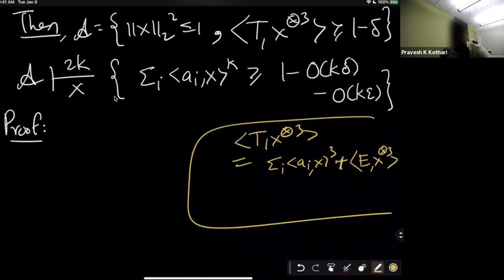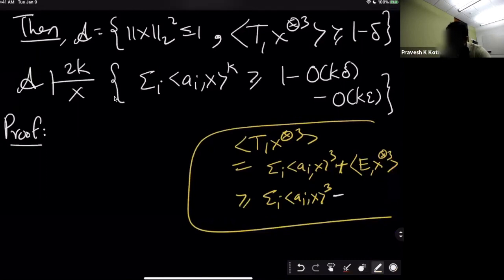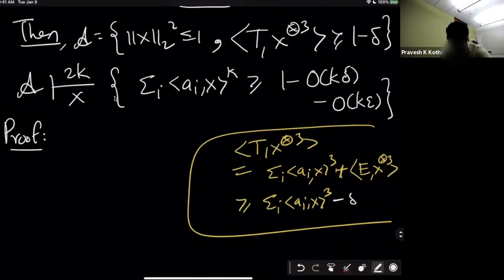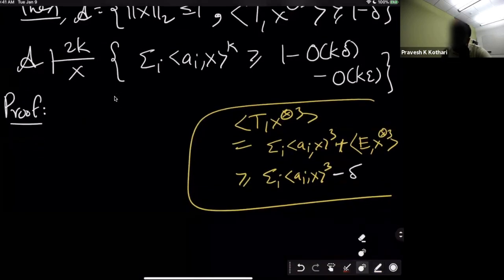And we use the fact that spectral upper bounds can be done via sum of squares proofs to conclude that this is at least sum AI X cubed minus the largest singular value of E, because X tensor to the 3 is a norm 1 vector. So this is at least, what did I assume? Delta. Good, so this is good.